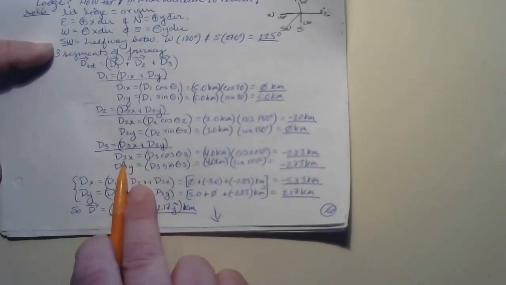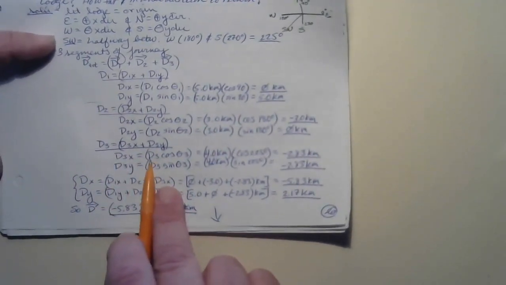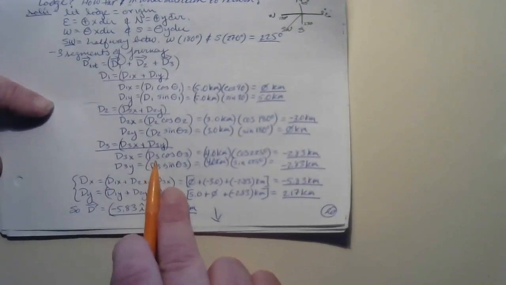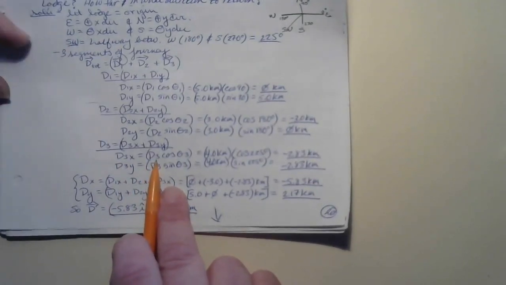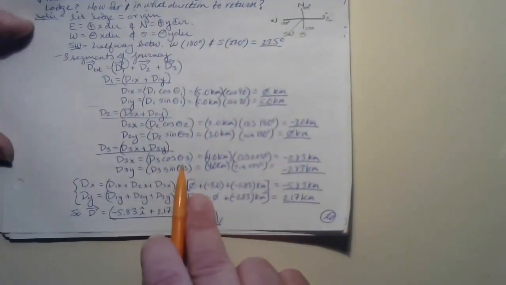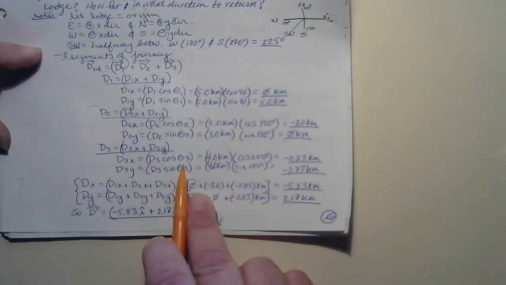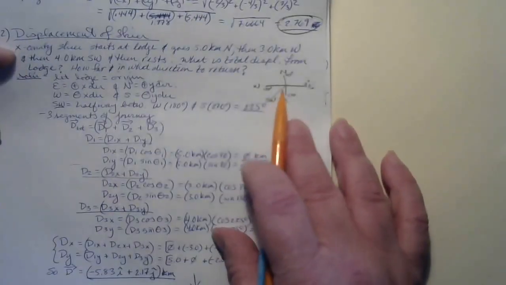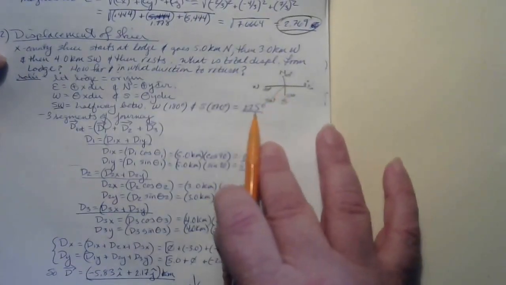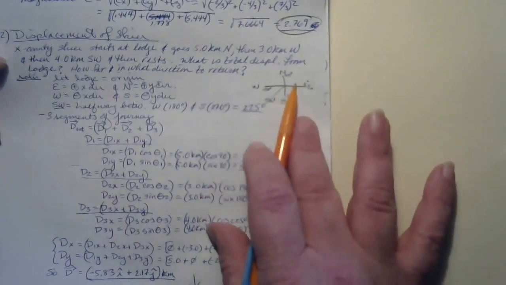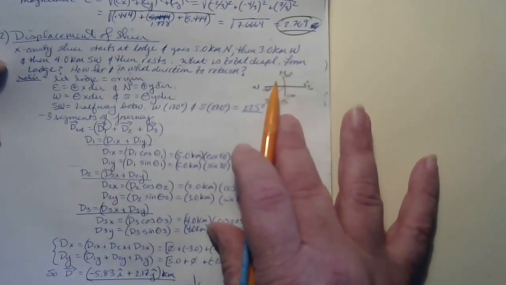So the x component of the third segment is going to be the distance of the third segment, which was 4 kilometers, times the cosine of the angle of the third segment. The direction was southwest, and we figured before that the angle for southwest, measuring from the positive x-axis like we normally do, would be 225 degrees.